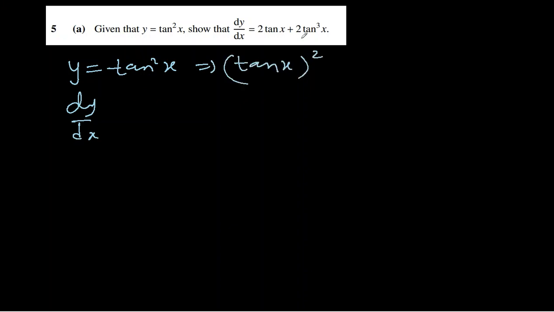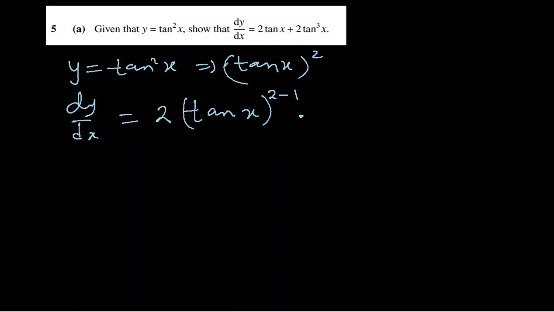Whenever a function is squared, to differentiate, this 2 comes in front. So 2 comes here and the exponent goes down by 1. It is 2 minus 1. And further, we multiply by the differentiation of what was inside the bracket that had that exponent.